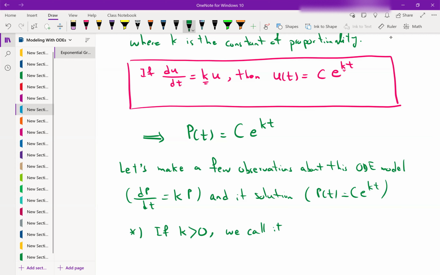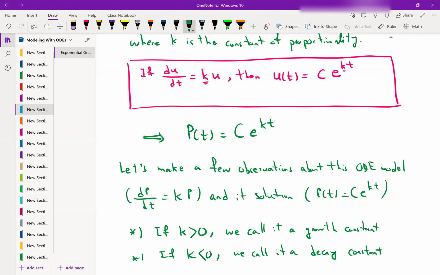We call it a growth constant. If this constant of proportionality is less than zero, we call it a decay constant. This time we are dealing with population decay.